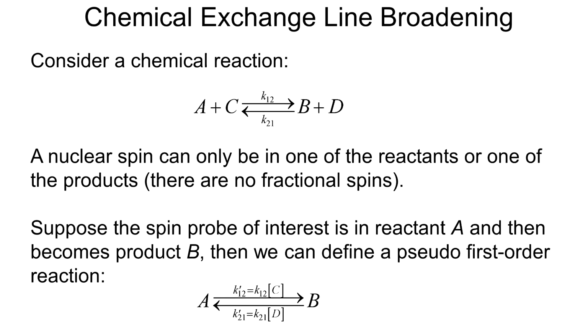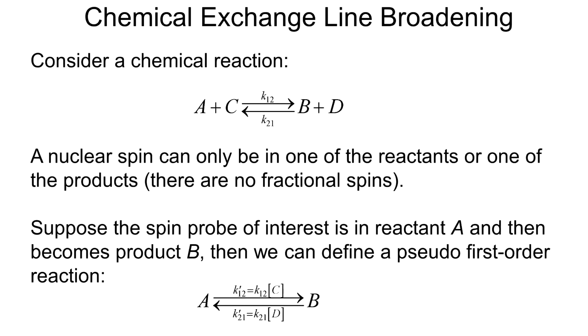So now K12 prime is K12 times C and K21 prime is K21 times D, and the system looks two-state-like. So this is very handy. A large number of seemingly complicated problems reduce to our old friend, the two-state process.